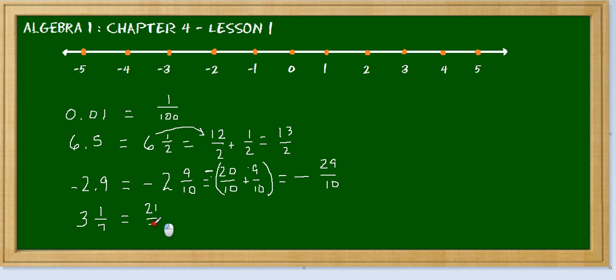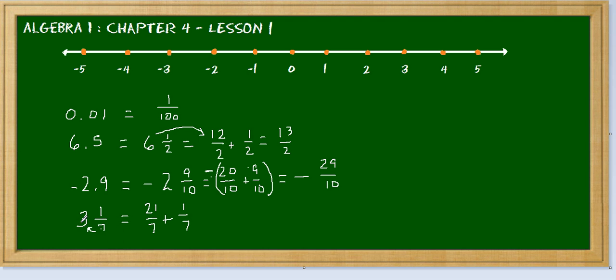Now, just taking a step back to how we were doing it up here before, you can always multiply over here the denominator by the whole number. And that's going to give you your 21/7, right? In fact, you may not even have to write what I'm doing if you're able to remember.